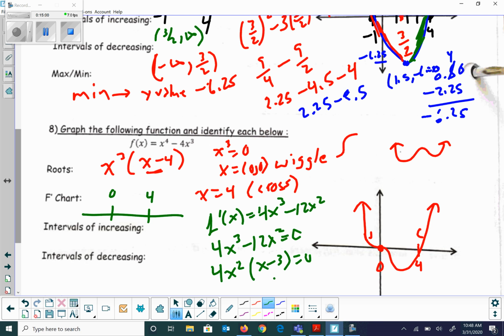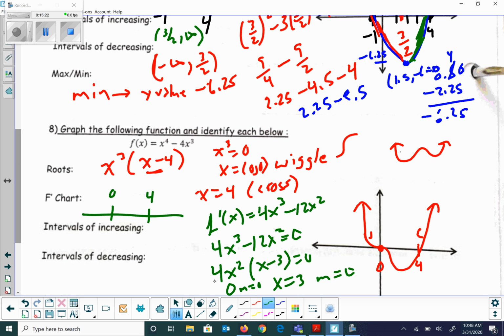So that's going to tell me at 3 I have a slope of 0, and at 0, because 4x squared equals 0, so that would also tell me I have a slope of 0. So 4x squared equals 0. If I set that equal to 0, divide by 4 is 0, square root of 0 is 0.